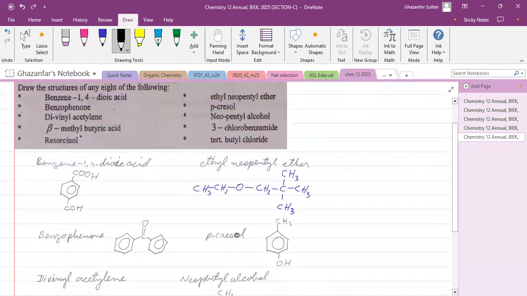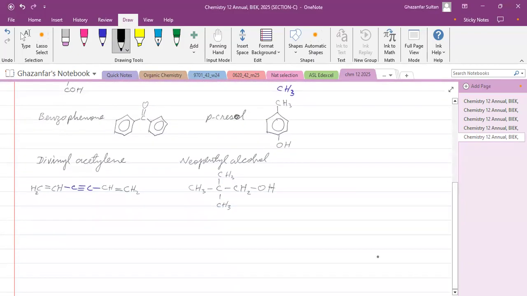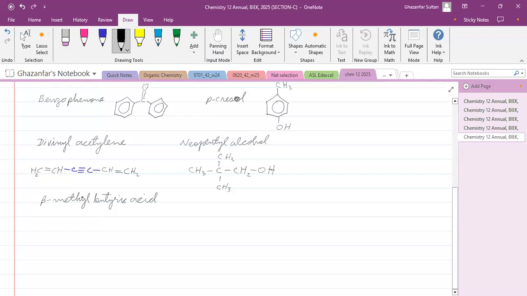And then this is the beta-methylbutyric acid. The beta position has a methyl group. So how can you write this? First of all, we should note that this is the common name, beta-methylbutyric acid. Butyric acid has 4 carbon atoms. So this is a carboxylic acid containing 4 carbon atoms.